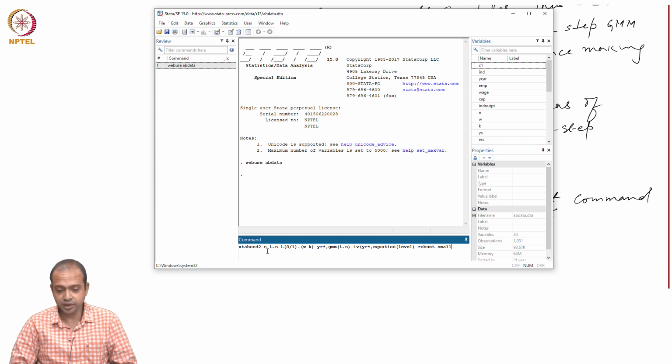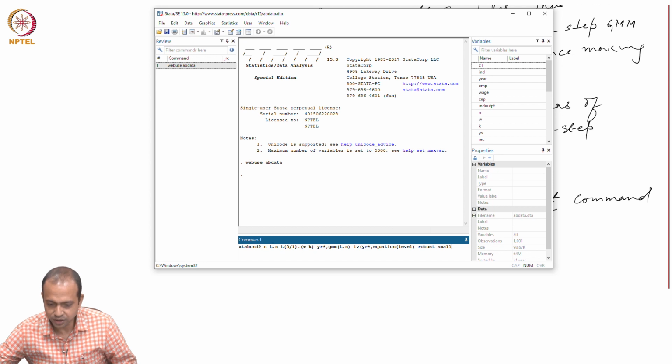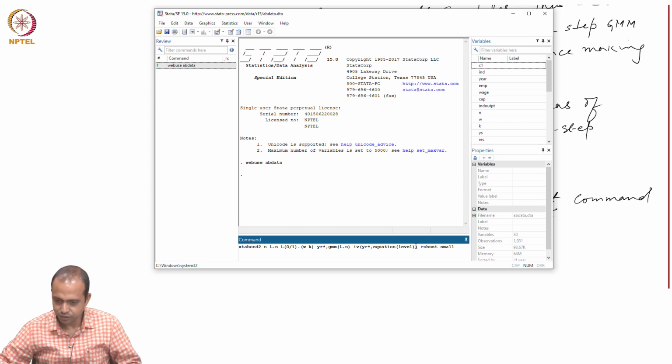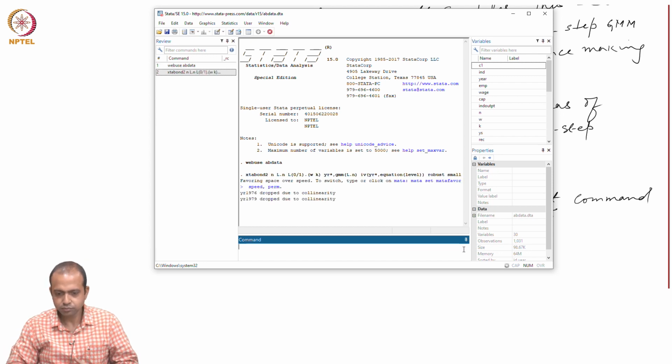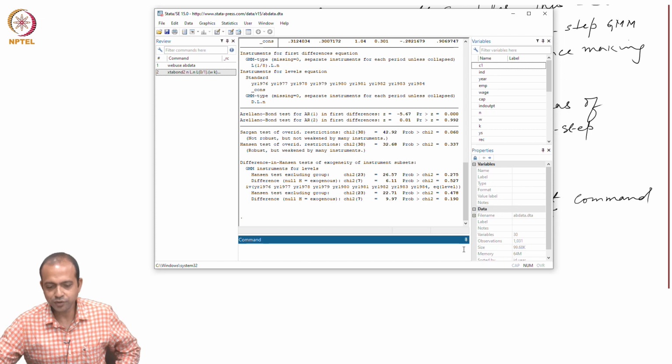So, what we are doing here in this model, we have not specified any two step. So, that is why we will be getting one step. I think we need one more bracket over here. So, what we have estimated?